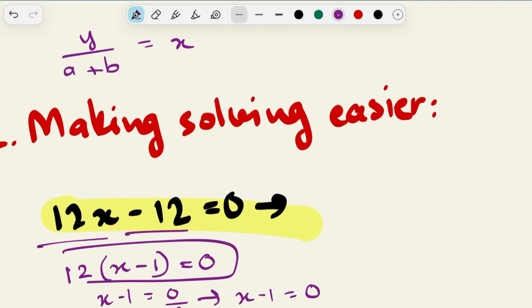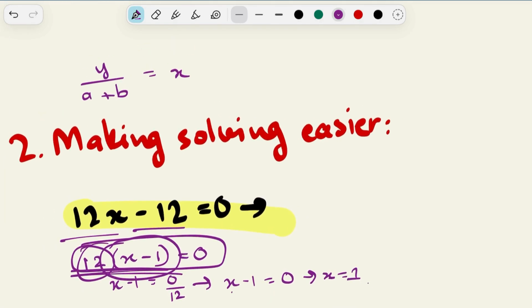What this really does is make it very clear what is equal to 0, because 12 isn't equal to 0, so x minus 1 must be equal to 0 for this whole thing to be 0, right? So x minus 1 is equal to 0, which means that x is equal to 1.